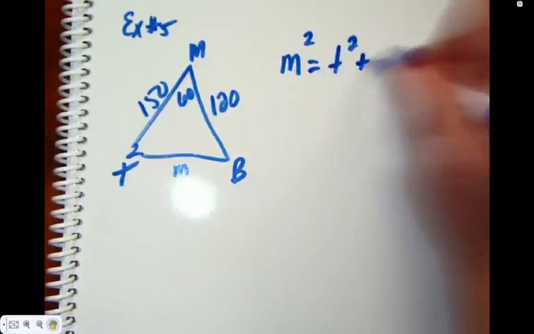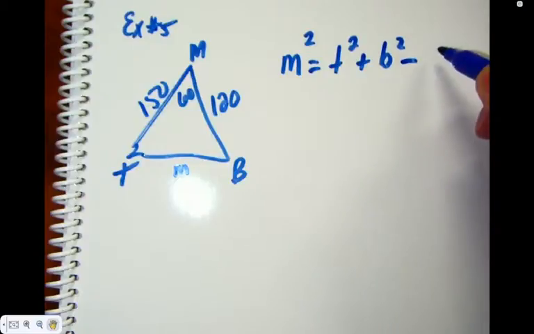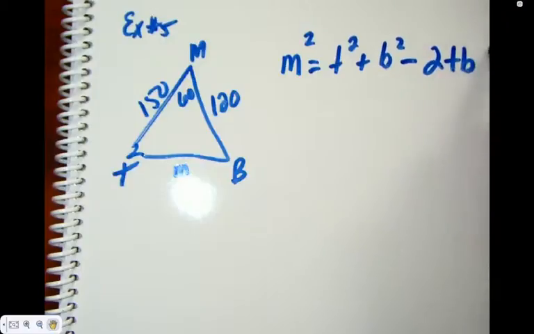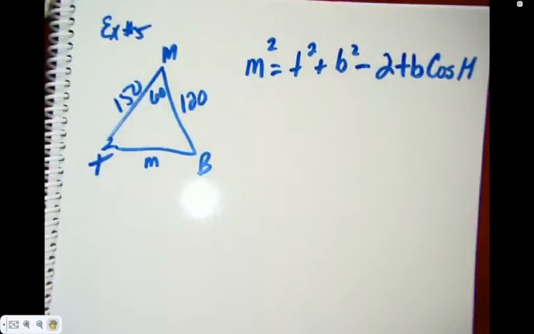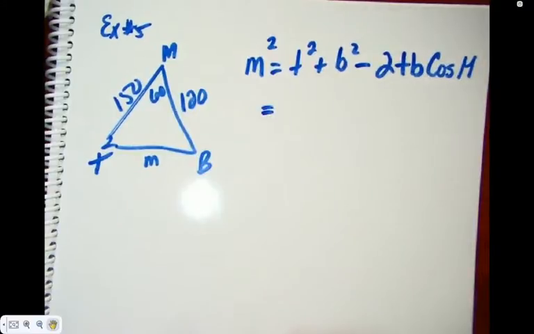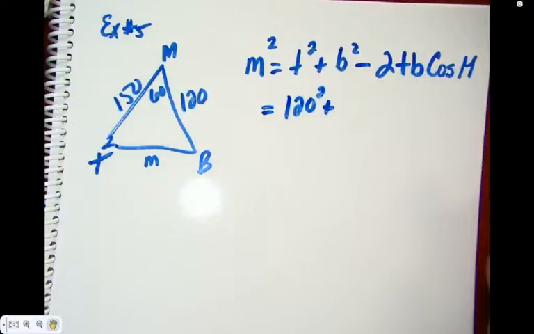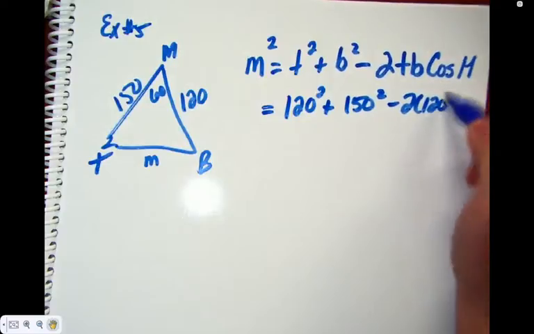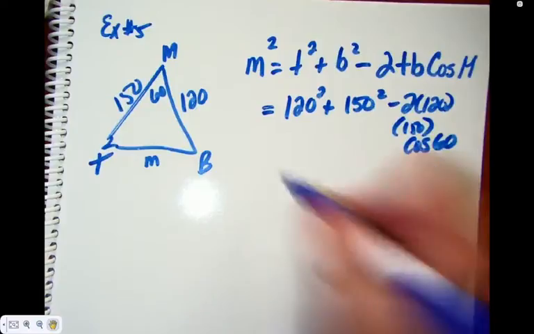So t squared... cos m. What was t? B. Running out of space. Smushing it all in there.